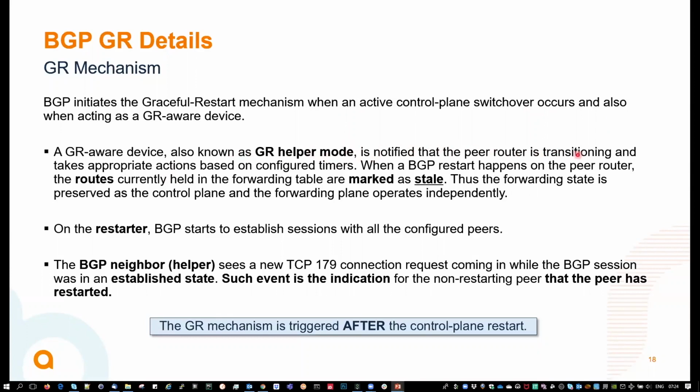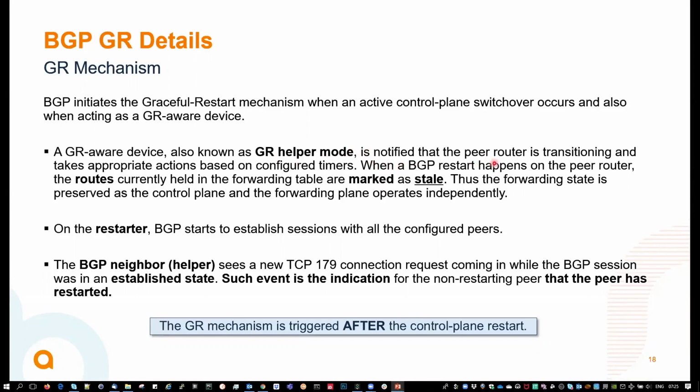That helper is notified by the peer when there is a transition for the control plane, so that it will take the appropriate actions for the routes that are becoming stale, with the configured timer that we were talking about before.